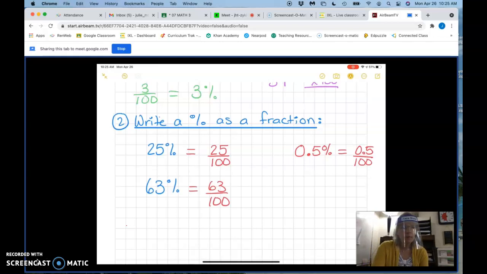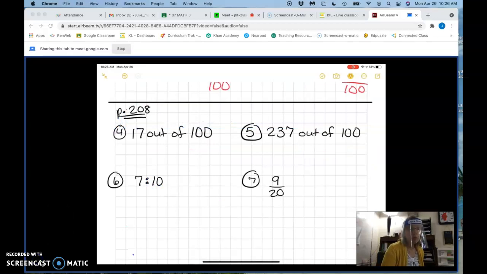Okay? So for numbers 4 through 7 in the book on page 208, it says write each ratio or fraction as a percent. So remember, if it's out of 100, like 17 out of 100, we can just write the number that's on top with a percent sign.